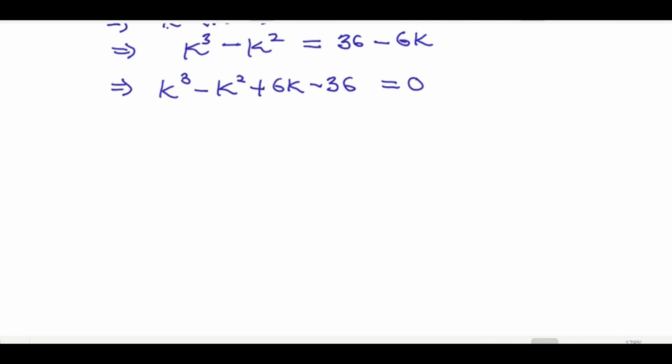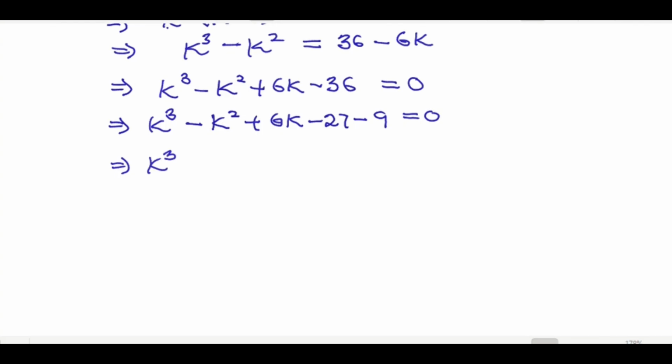So now we have k to the power 3 minus k squared plus 6k. Now let's split this one. 36 can be written as minus 27 minus 9 equals 0.